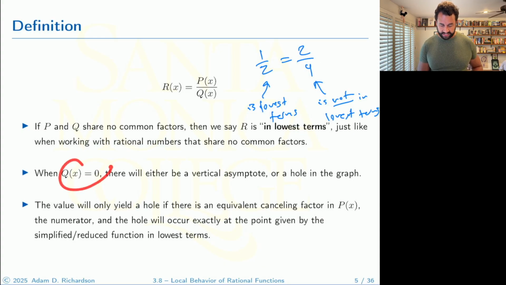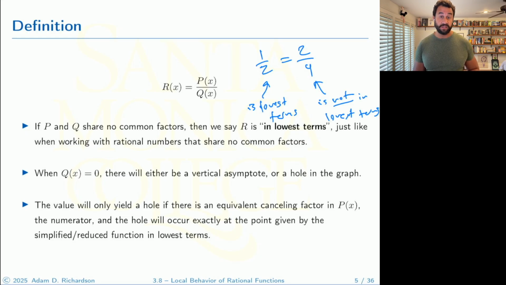Now, when the denominator is equal to zero, one of two things will happen. There will either be a vertical asymptote there, or there will be a hole in the graph. We'll talk about those today. The value that makes this zero is only going to give a hole if there's an equivalent canceling factor in the numerator, kind of like this situation here. You're only going to get a hole when you've got equivalent factors in the numerator that would cancel each other out.